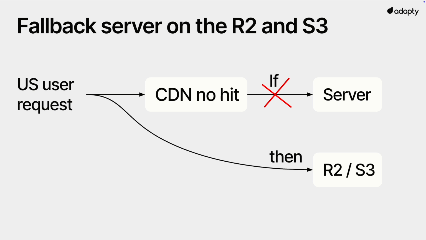It works like that. If the request is coming and there is no hit on CDN, so nothing is cached on the CDN, but our server for some reason is not responding, we just redirect the query to either Cloudflare or S3 and get it from there.